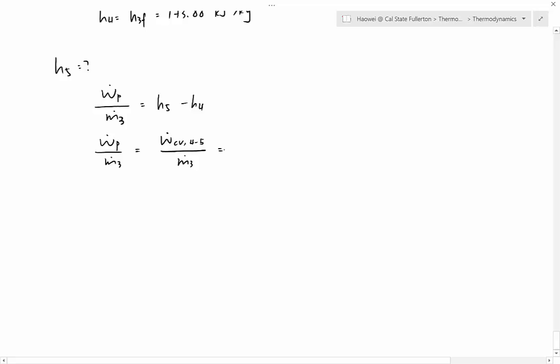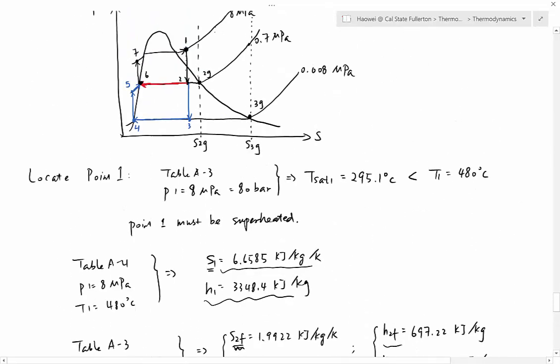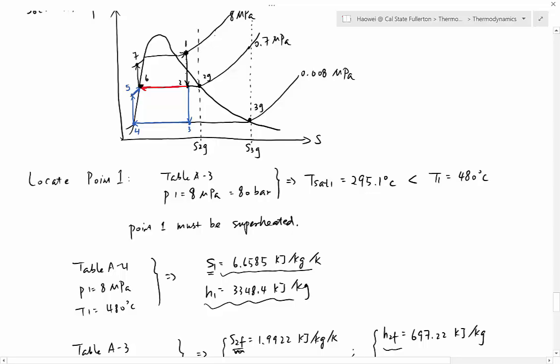And from earlier, we know the equation is integral nu dp from P4 to P5. And from here, they must be equal. So H5 minus H4 must be equal to integral P4 to P5 times nu dp. And again, we do the same thing. From 4 to 5, what is the phase of the water? You can see it is to the left side of the vapor dome, so everything is liquid. If it is liquid, density must be constant.